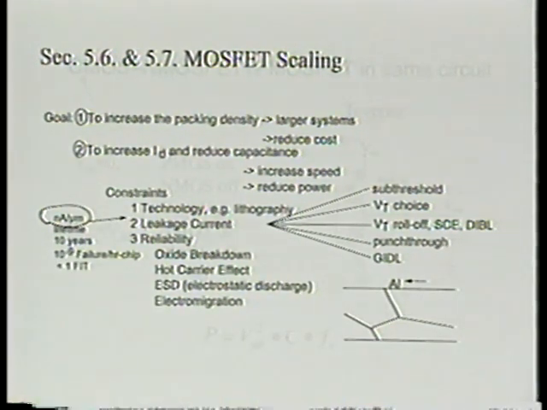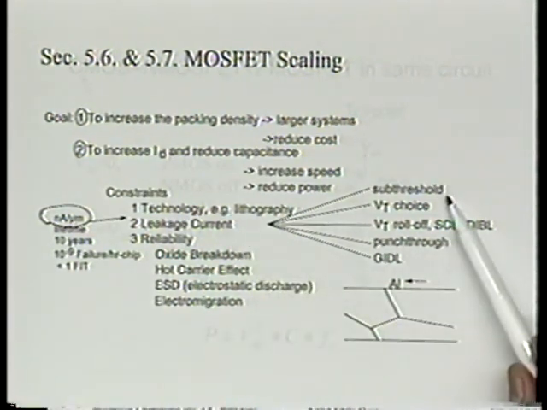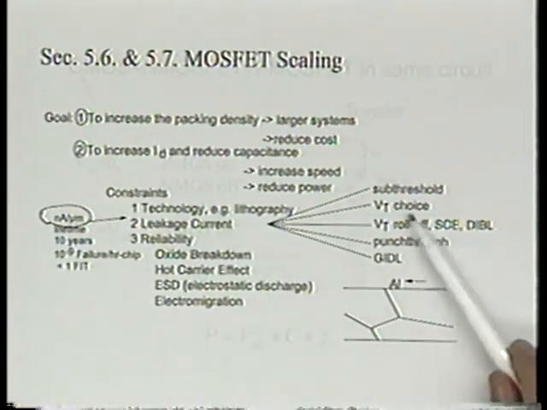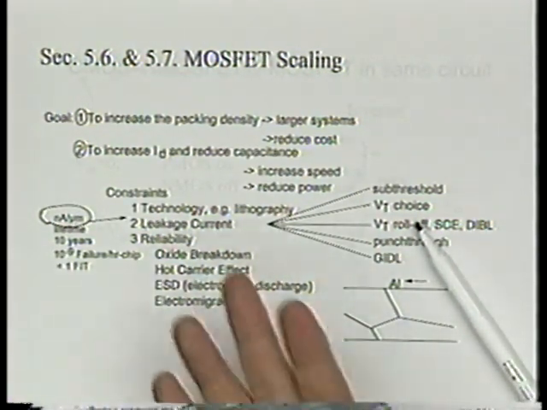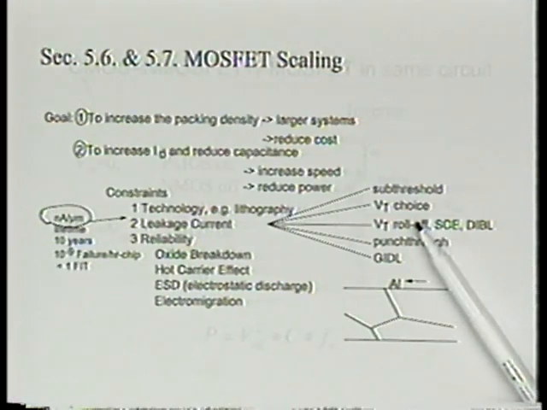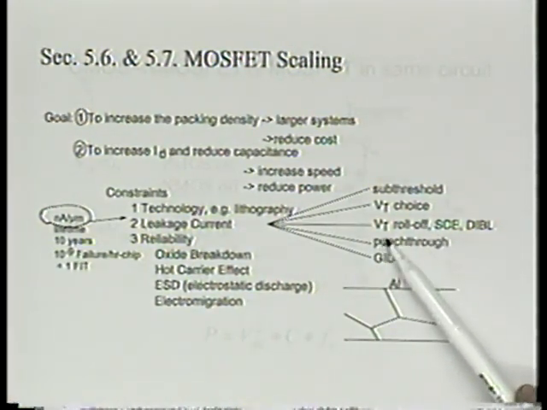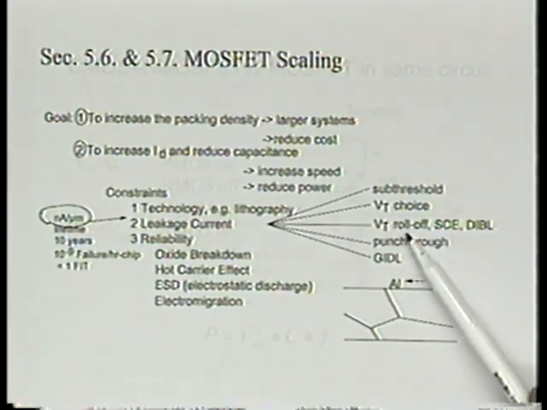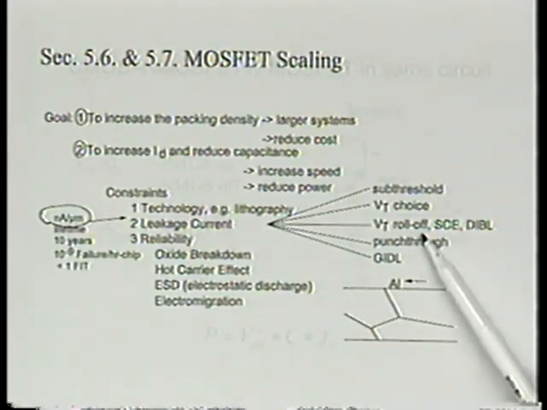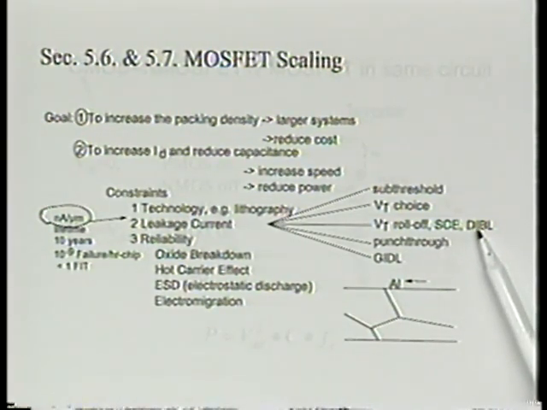And what are the mechanisms for this leakage current? There's subthreshold current, and it's related to the question of VT choice. If we choose VT large, this current is small, but circuit performance is slow. And it's related to VT roll-off. After we have chosen that VT, there's still the problem of VT roll-off, which is related to the concept of short channel effect, or DIBL.